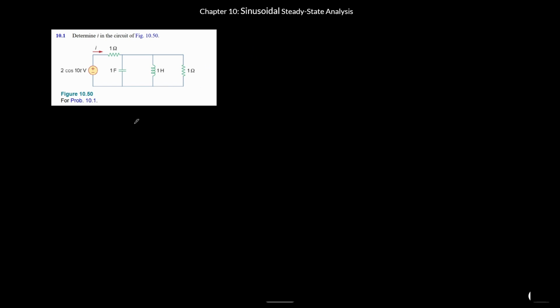So the first thing that we're going to do is look at the first component that needs to be converted into impedance. This would be, of course, the capacitor. The 1 farad capacitor needs to be converted into impedance so that we can solve the circuit. We can do this by using the formula 1 over J omega and the capacitance.